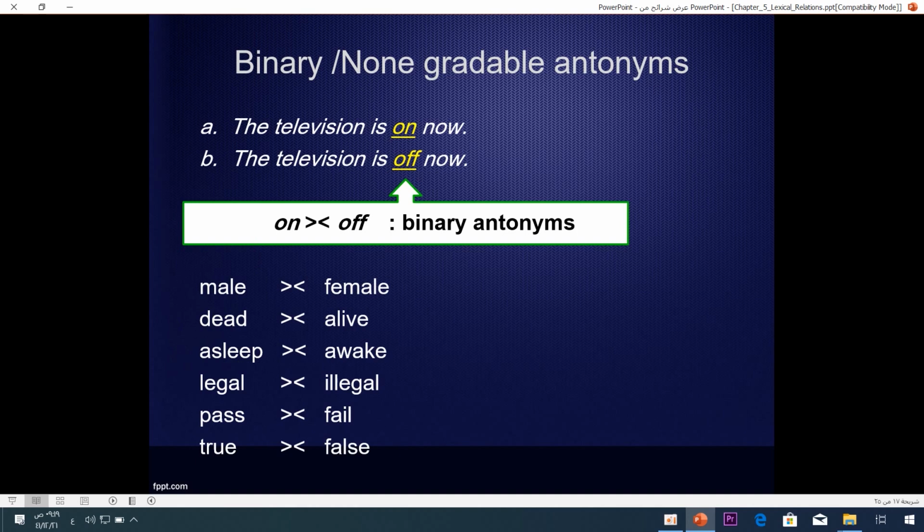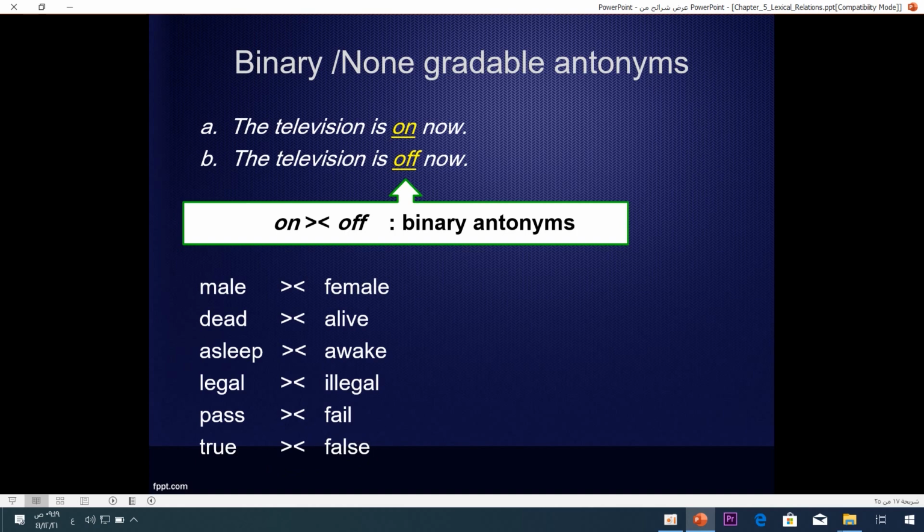Well, you shouldn't be much concerned about the explanation. What you need is to know that these are binary antonyms. So you have true and false. If you say your answer is not true, it must mean false. If you say Jack didn't pass, it means that he failed. Jack passed the exam, this means that he didn't fail.